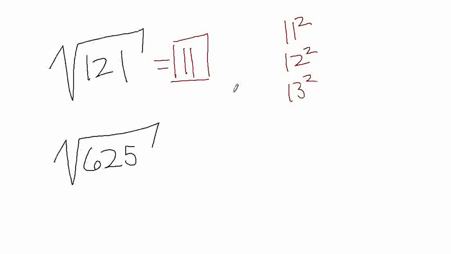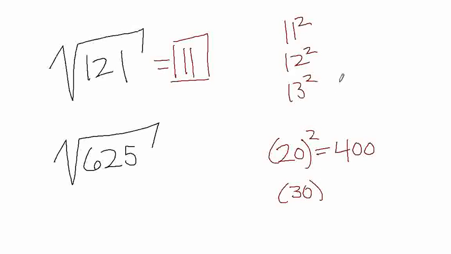Okay? And for 625, so let's take a stab in the dark. What's 20 squared? That's equal to 400. So that's too small because we need the square to equal 625. What about 30 squared? 30 squared is equal to 900.